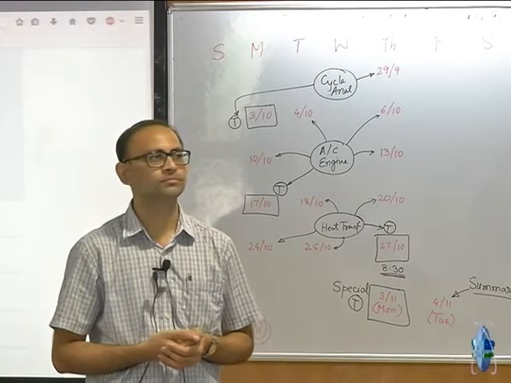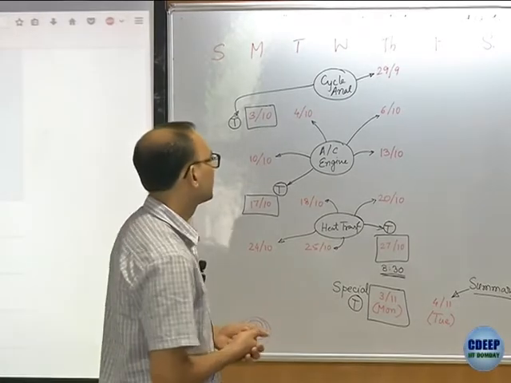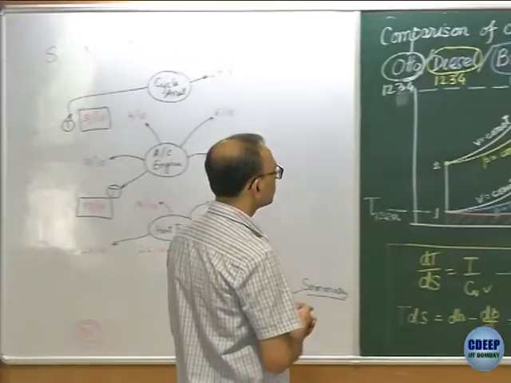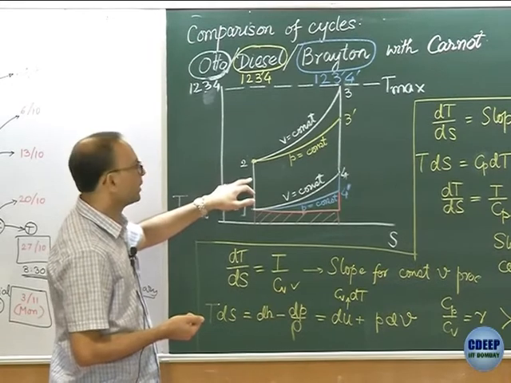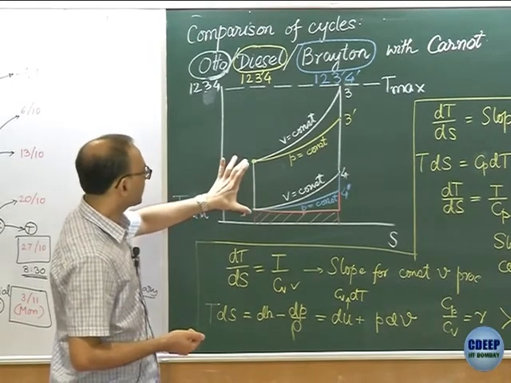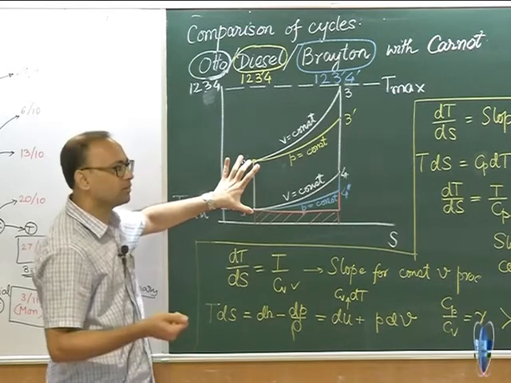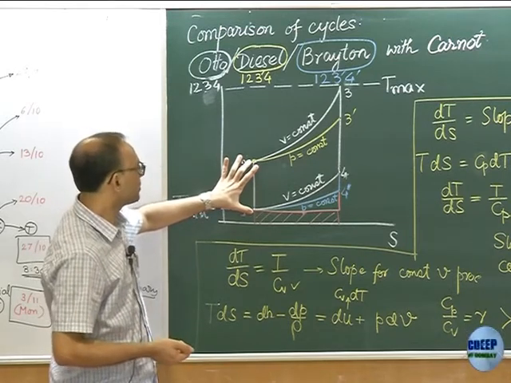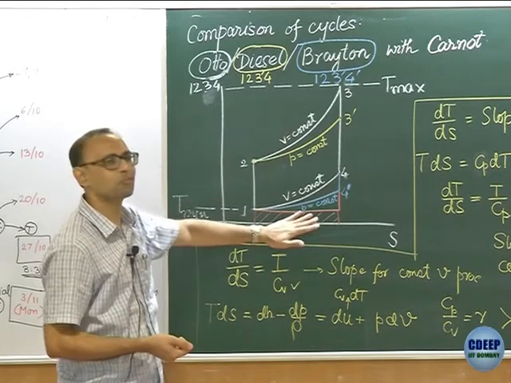Yeah? Should we draw 2 to? Well, okay. What I've said is I've kept the compression the same for all of them. Yes, and we had seen that it may not be the best way to compare 2 cycles. So I'm not. In fact, I'm going to that side. If you see, I'm only talking about this part.